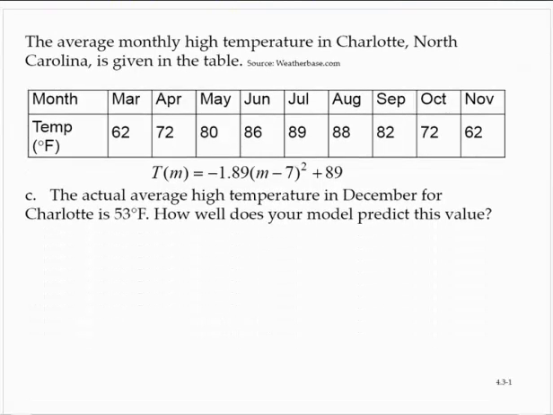The actual average high temperature in December for Charlotte is 53 degrees. Now remember, the model told us that T of 12 was 41.75.